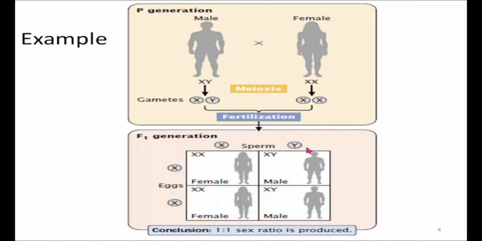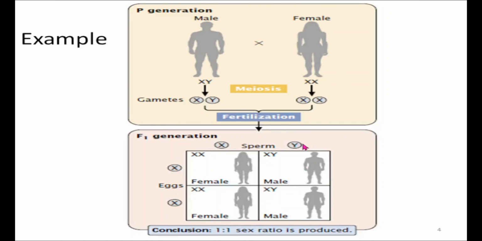If the gamete carries the Y chromosome from the male parent and X from the female randomly joins with it during fertilization, then the individual will be male. The same is true in this case. If X from male and X from female, XX, then the individual will be female.